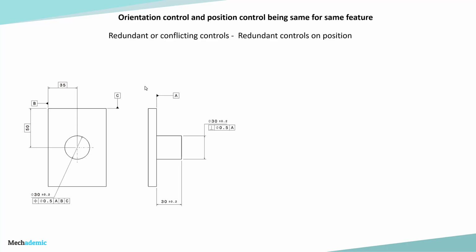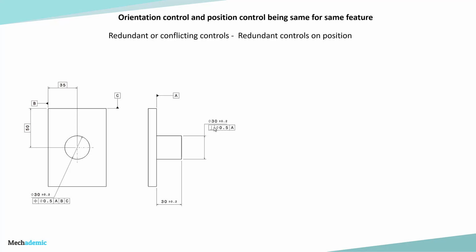Here is an example. You have a block and a pin at the center, and datum features A, B and C are the 3 mutually perpendicular planes. This is the surface datum feature A, datum feature B is the side surface, datum feature C is this third surface, and this pin is being controlled with respect to its perpendicularity within a cylindrical tolerance zone of 0.5 with respect to datum A. Also, this same pin is being controlled with respect to its position within the same tolerance zone of 0.5 with respect to datum A, B and C. So there are 2 controls, and these 2 controls are conflicting.